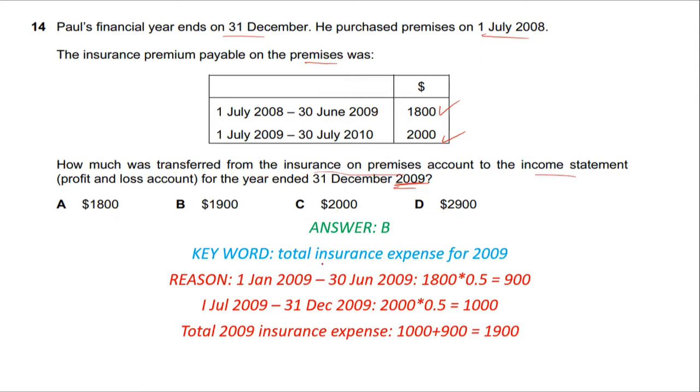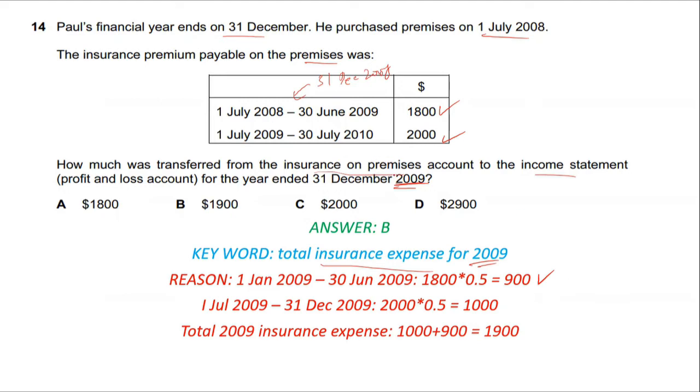The keyword here is total insurance expense for 2009. The question is asking you, what is the total insurance expense for 2009? If you look at this, the year end is 31st December. From 1st July 2008, there would be a year end at 31st December 2008. So half of the payment is prepaid for 2009. So 1800 times 0.5, 900 for the first half of 2009. So insurance expense for first half of 2009 is $900.